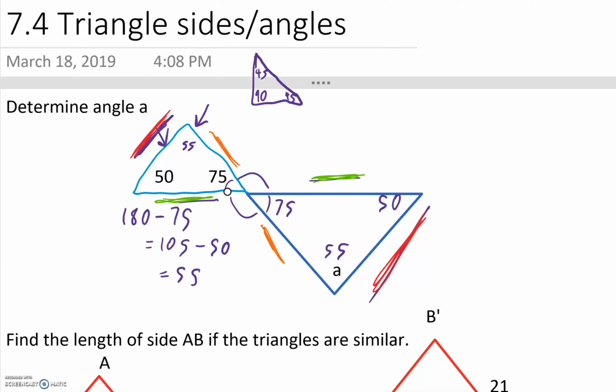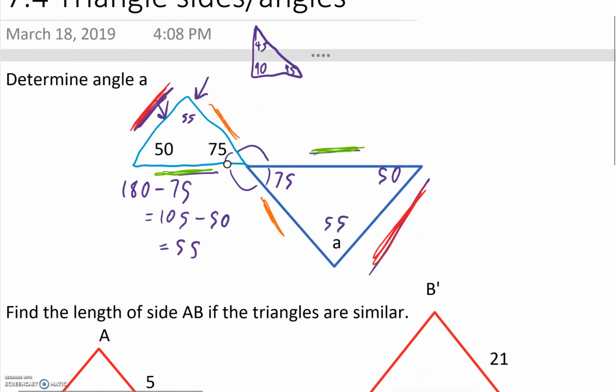So that's where it's really cool. It's where you have parallel lines, they're going to make the same angles. Okay.